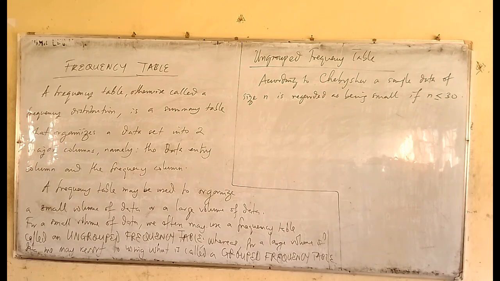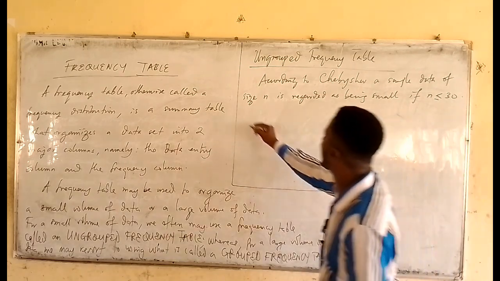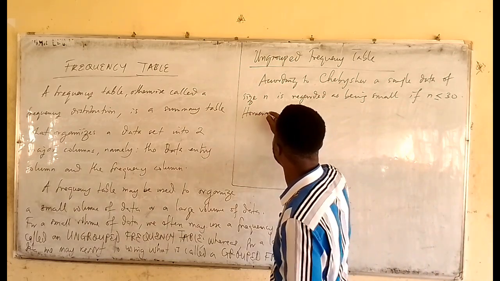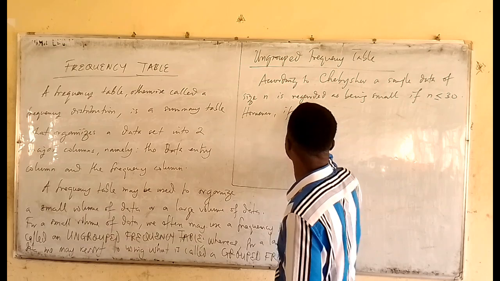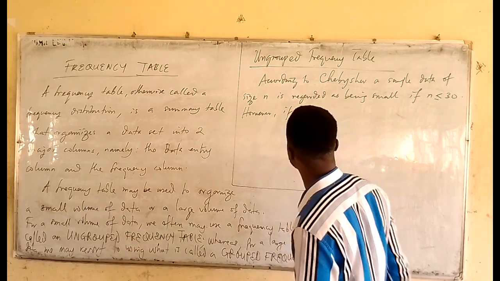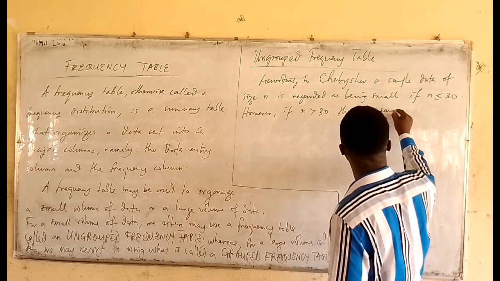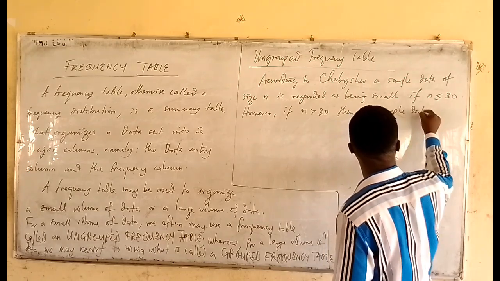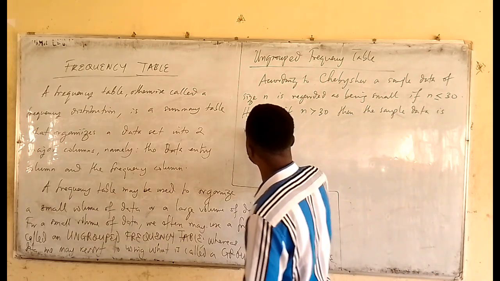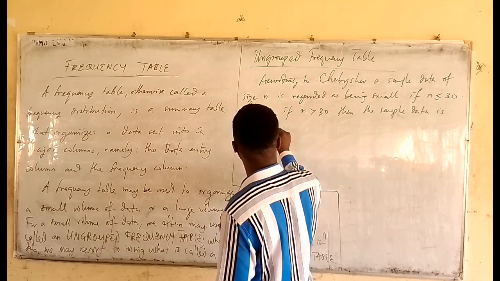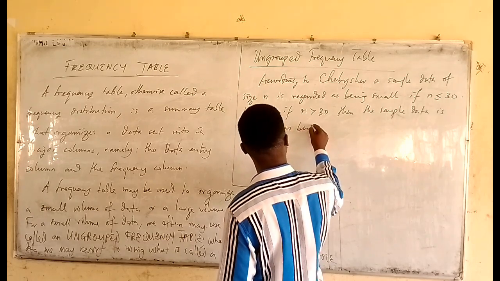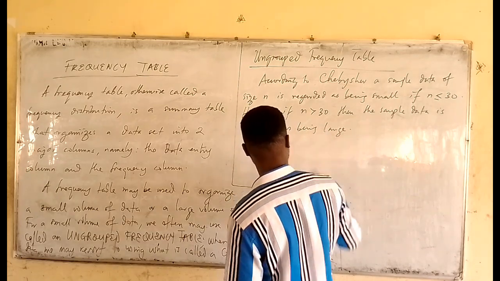However, if n is strictly greater than 30, then the sample data is regarded as being large.